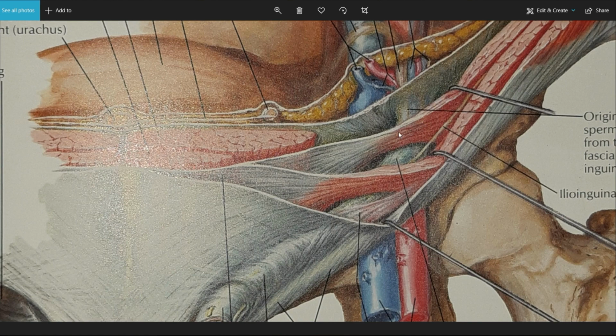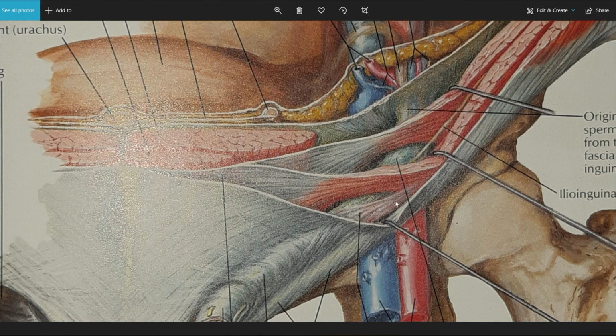Then it encounters these two muscles. From them, primarily from the internal oblique, it will derive the next layer, which is more external to the previous layer, obviously. This layer is known as the cremasteric fascia. This is the cremasteric muscle. We haven't talked about the cremasteric muscle.